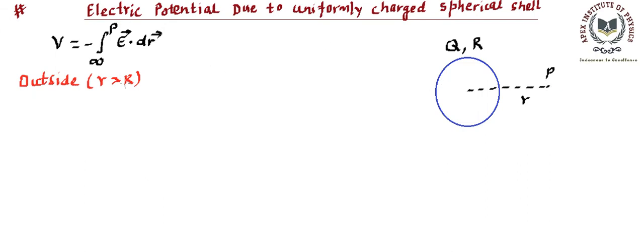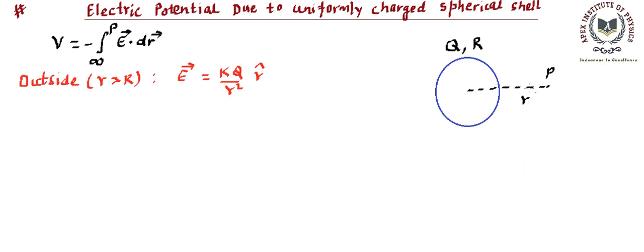Now we know outside the field, as we just recalled, E is equal to KQ upon r square, in the r cap direction. This field is just like a field because of a point charge. So the influence of this sphere for an outside point is the same as that of a point charge, and potential is running from infinity to that location P.